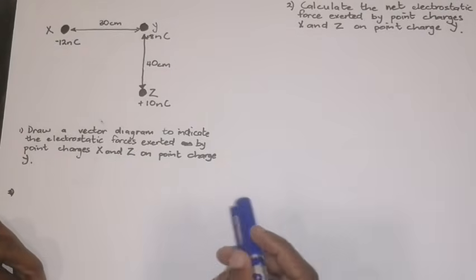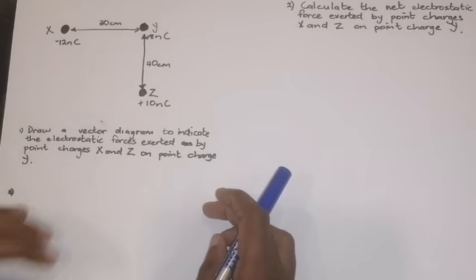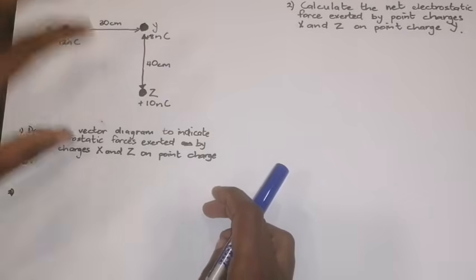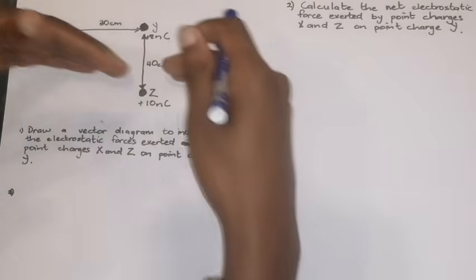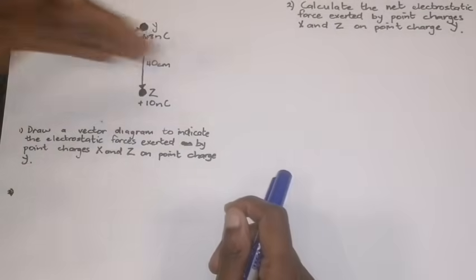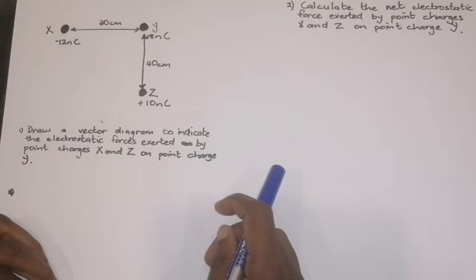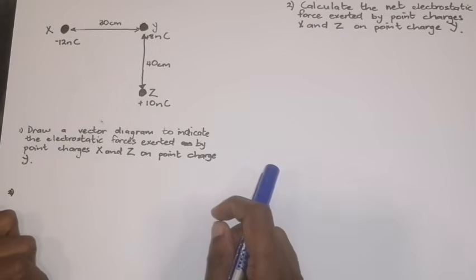Here we've got 3 point charges. They are not placed in a linear or one-dimensional arrangement, but in 2 dimensions.